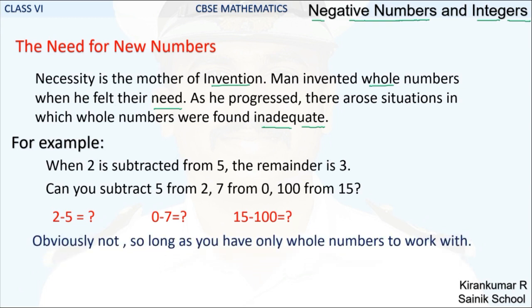So long as you have only whole numbers to work with, we can't find the difference of a large number from the smaller number. So we required some set which contains the negative numbers. Today in this session you will be learning about negative numbers.